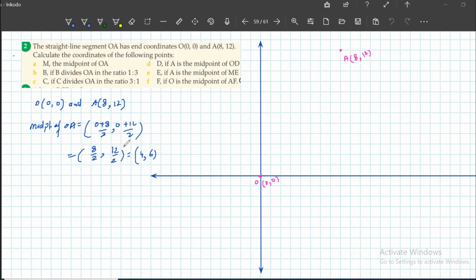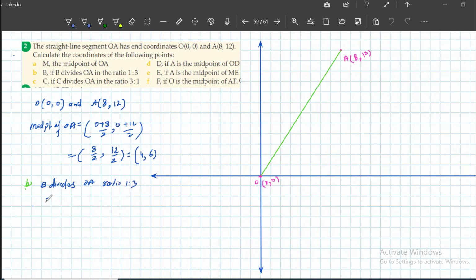Then we can draw a line which connects O to A. The second part is B: B divides OA in the ratio 1:3. So if you think carefully, B divides OA such that the ratio is 1:3.